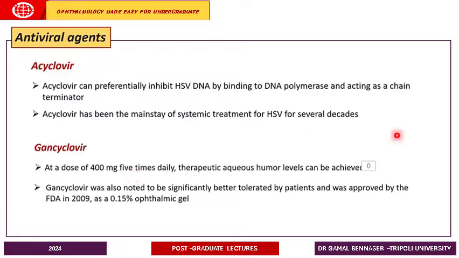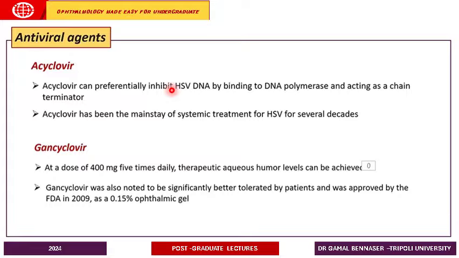The other common one, which was recently discovered, is ganciclovir, which is also used as oral. The dose is around 400 milligram 5 times a day. Now for acyclovir, the therapeutic dose is 800 milligram 5 times a day. However, the prophylactic dose is 400 milligram.